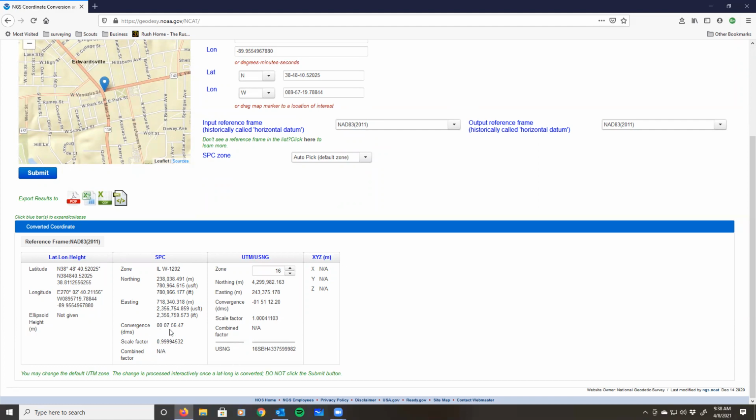But yeah, the convergence is 0 degrees, 7 minutes, 47 seconds positive. So it's to the east, to grid north. And then it has other information as well that you can look up if you need other types of information. But for the most part, we only worry about state plane coordinates.